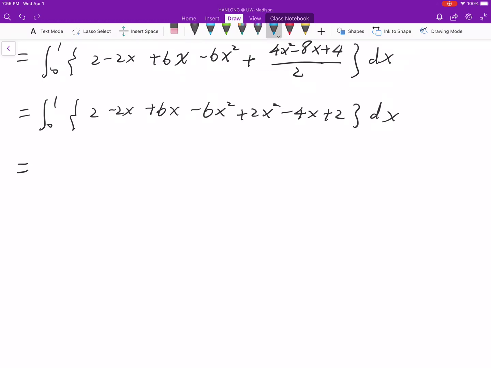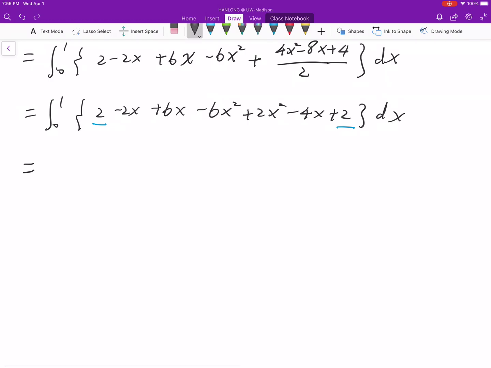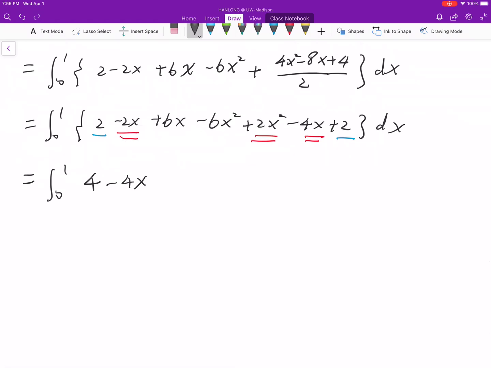Okay, now let's combine the constant term. So here you have 4, and then let's look at the linear order term. So minus 4x. Wait, you have one more.